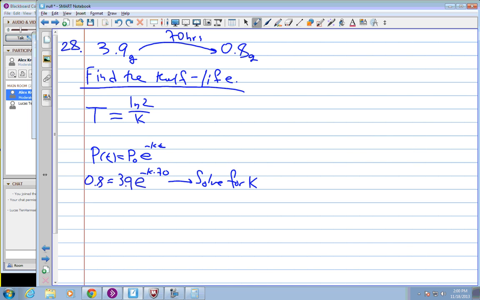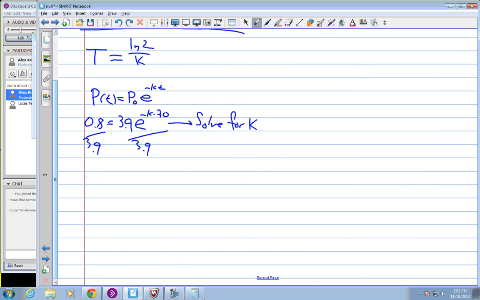So how do we solve that? Well, before, you have to get rid of the constant, so divide by 3.9. So e to the power negative k times 70 equals 0.8 over 3.9. Now take the natural log of both sides.